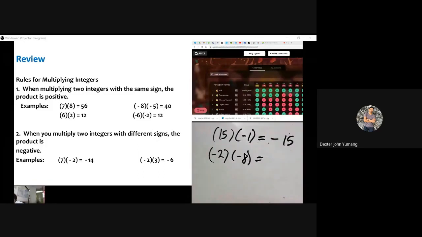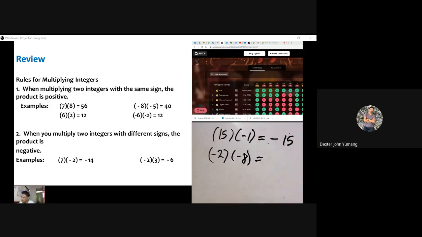Again, take note, Lourdes, kapag pareho ang sign, positive po ang sagot. Emilio got 16. Ashley is negative 10. Ashley, kailangan po siya i-multiply, hindi po siya i-add. Cindy is 16, Densley is 36, Giselle is 16. 2 times 8, Densley, is 16 po. Hindi po 36 ang 2 times 8.